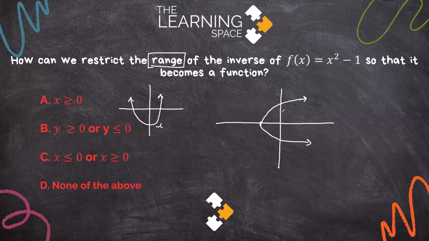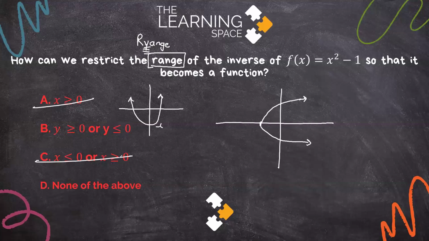Okay, so we want it to now be a function, but we need to do that by restricting the range. Remember I said how I write range so that I remember: I will say range with a y there. Now it means I'm dealing with the y values. So this is going to be out. This is also going to be out.